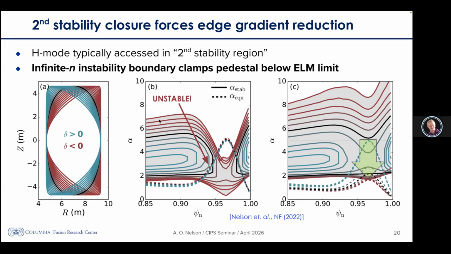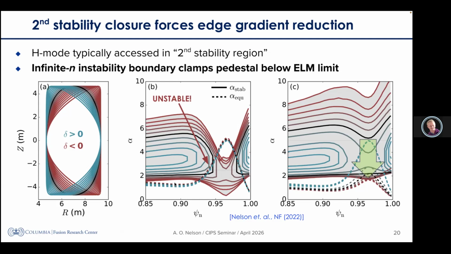And there are two sets of lines. There's a dashed line, which is what I'm prescribing as my pressure gradient. This is the pressure gradient in the edge. If you look at the dashed line, it's flat and then it has a spike. This is a steep gradient region for the pedestal and it comes back down, right? So this is the same pedestal, just visualized differently. In the solid, we have instability curves.